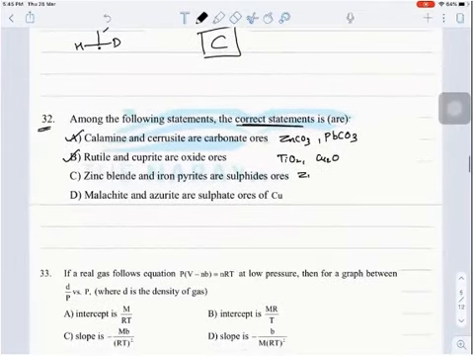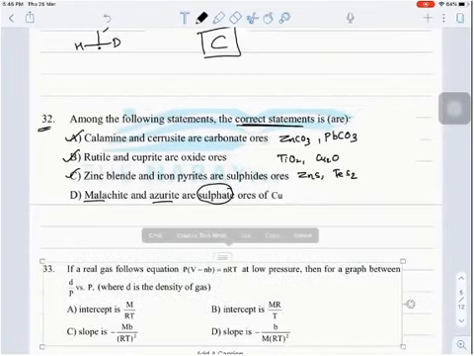Zinc blende is ZnS. Iron pyrite is FeS2. So both are sulfide ores. This is also correct. Malachite and azurite are given as the sulfate ores here. So this is incorrect because these are not sulfate ores. These are carbonates.